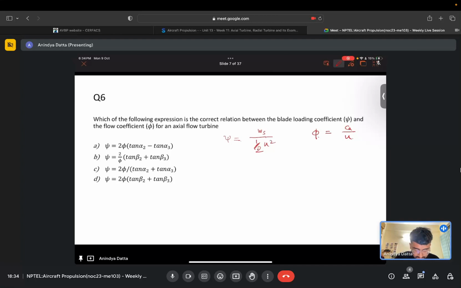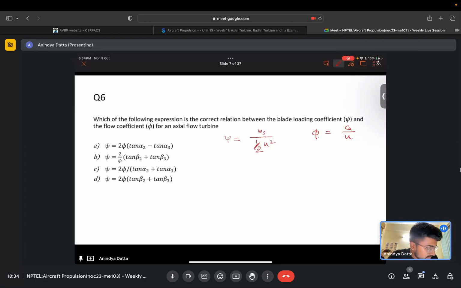That is the difference when you compute the flow coefficient for these two types of turbomachine, because in centrifugal compressors or radial turbines the flow is nominally radial, so you take the radial velocity component. In axial flow turbomachines, the flow coefficient is Ca divided by the blade speed.